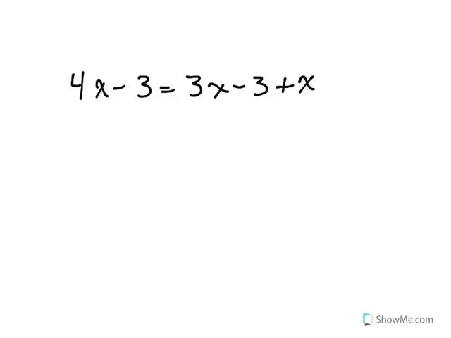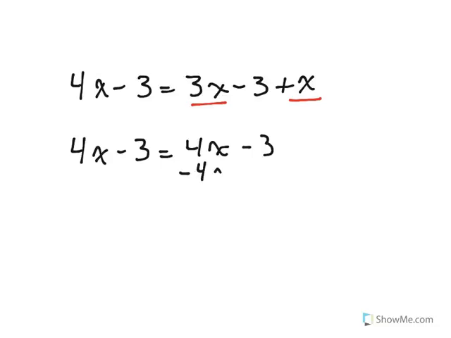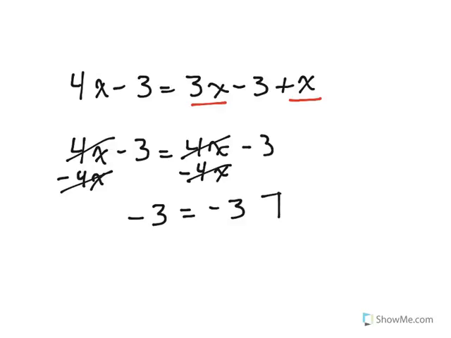Another example, we see we have like terms on the right side of the equal sign. We must combine those first. So we have 4x minus 3 equals 3x plus 1x is 4x minus 3. Now we need to get all our variable terms on one side, constants on the other, so I'm going to subtract this 4x out of here, which means I must do it on the other side of the equal sign as well. But you see that our variable terms cancel out completely, and we're left with negative 3 equals negative 3. We have no more variables, but we're left with a true statement.